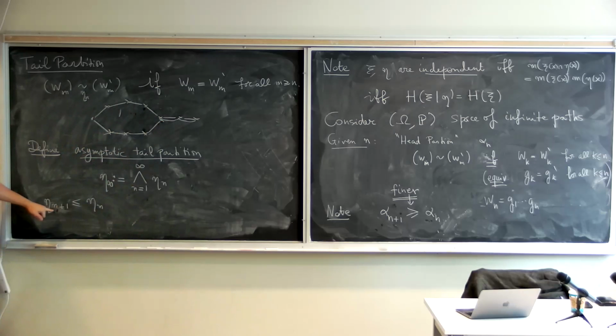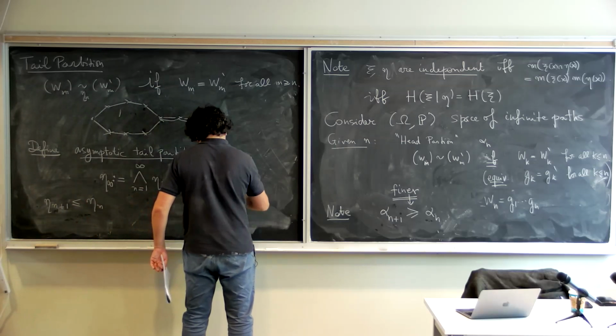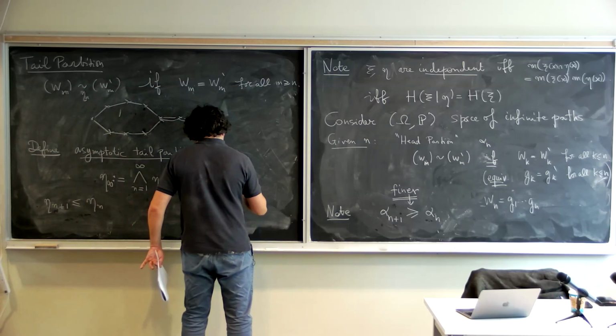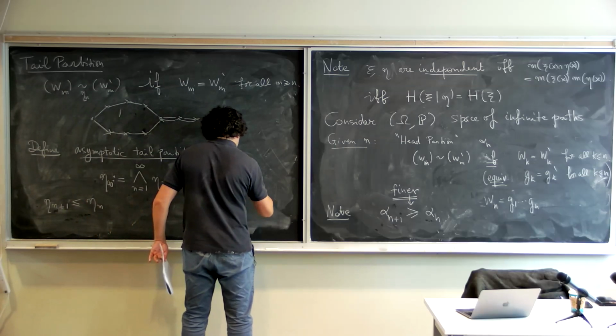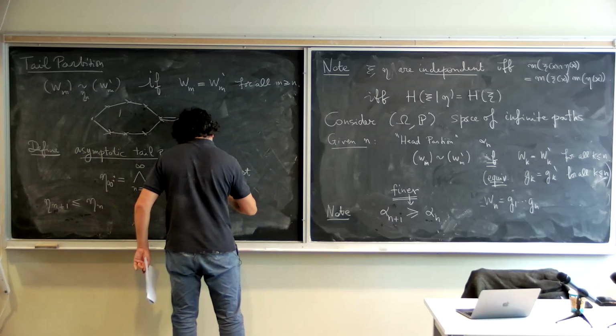So as n gets larger, these partitions get coarser and coarser with less and less entropy. And now this mysterious object here is the finest measurable partition.